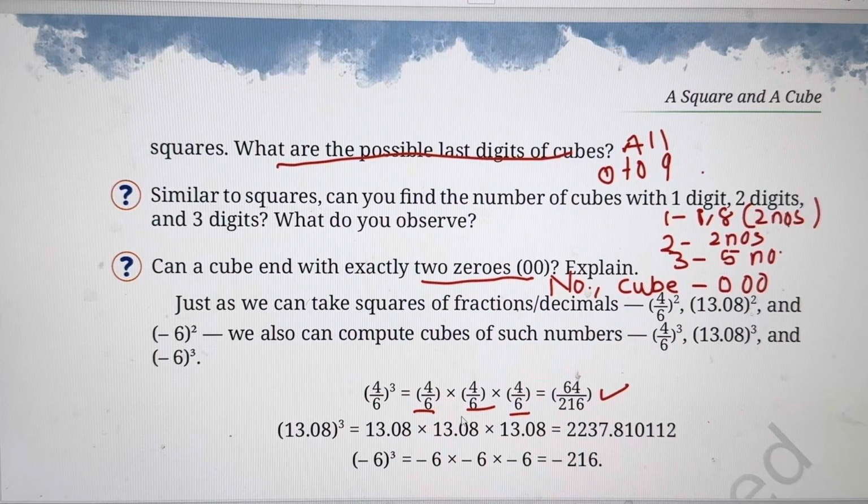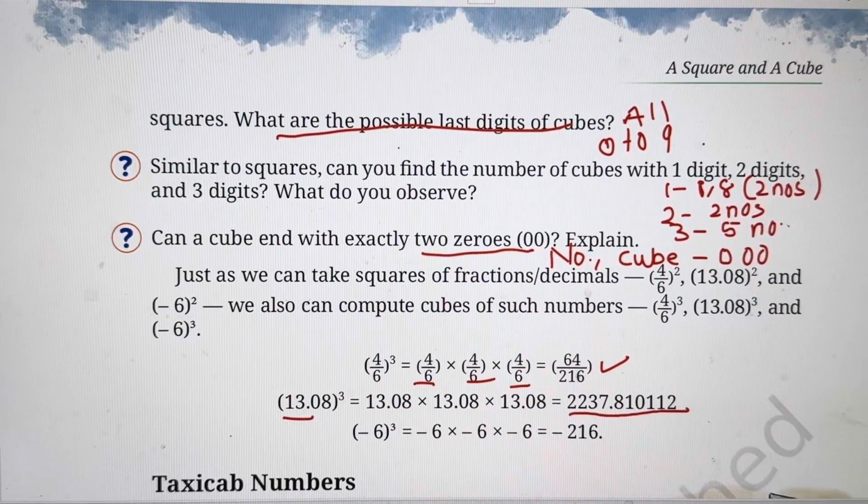Similarly, for a decimal number, 13.08 into 13.08 into 13.08, you get 2237.810112, right? And for a negative number, it is minus 6 into minus 6 into minus 6. The minus sign occurs an odd number of times, so the answer will be negative. 6 cube is 216, so you write minus 216. Only the thing is, it will be a negative number, right?